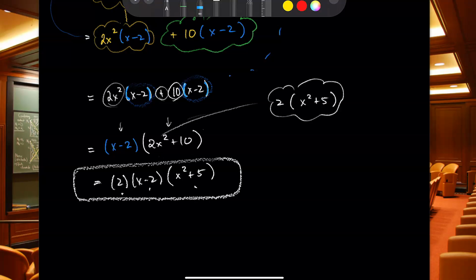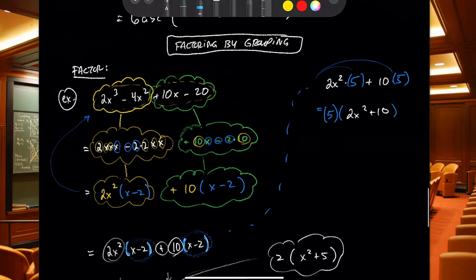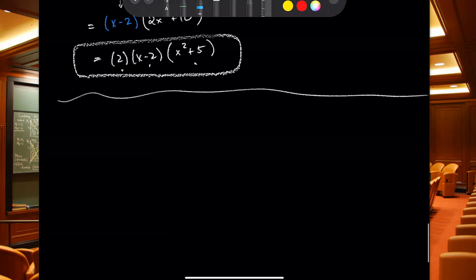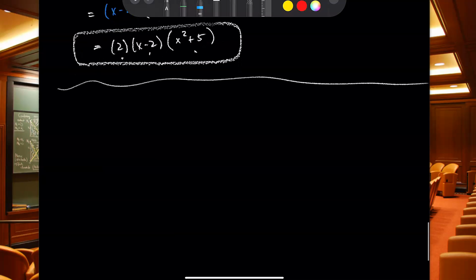So there must have been 3 Lego pieces to this from what we started with. Like I said at the beginning, you might have noticed that the 2 was a GCF to start. That's usually the best way to go. I'll show you how you deal with that, because it can feel different, but it's really exactly the same, which is if we started with 2x cubed minus 4x squared plus 10x minus 20.